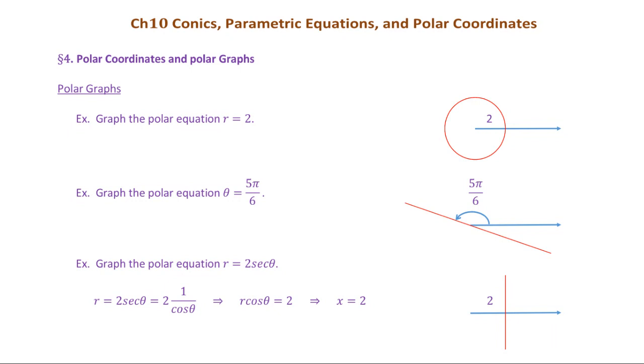Then we multiply cosine theta on both sides, so we get r cosine theta equal to 2. If you still remember the conversion between the two types of coordinates, r times cosine theta is just x. So the equation is actually x equal to 2 in rectangular coordinates. So this is a vertical line passing through 2 on the polar axis.